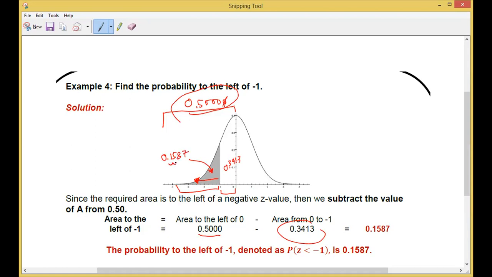If we write it in a percentage, that becomes 15.87%. This is a less than, so we write it this way. So we say that the probability to the left of negative 1 is 0.1587, or that is 15.87%.